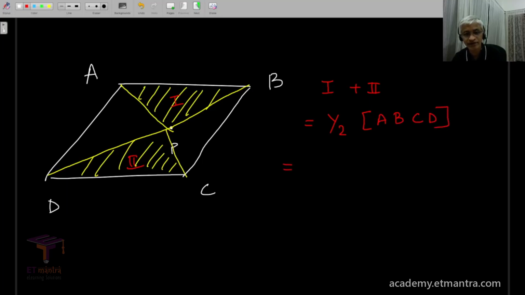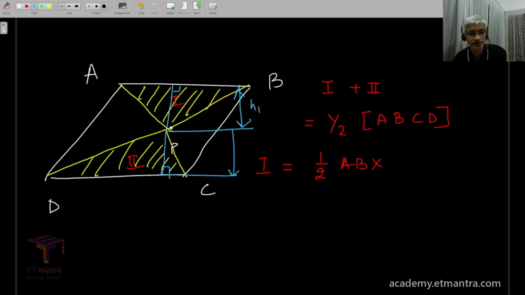Because the area of 1 is going to be half AB into, okay, since these two lines are parallel, they have a common perpendicular. So if we call this H1, then this will be H2. So half AB into H1.